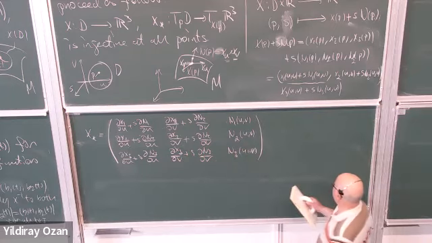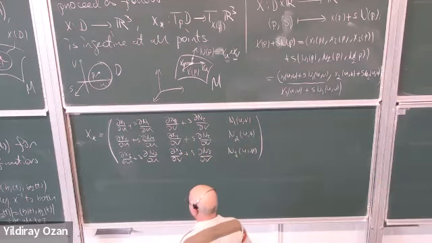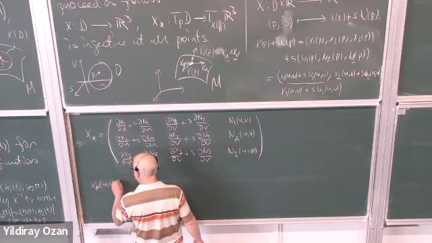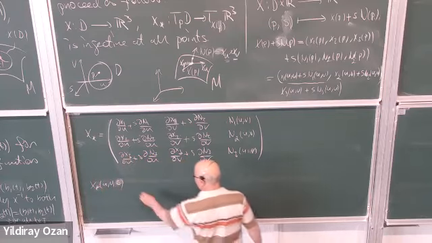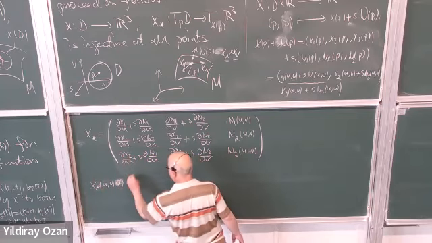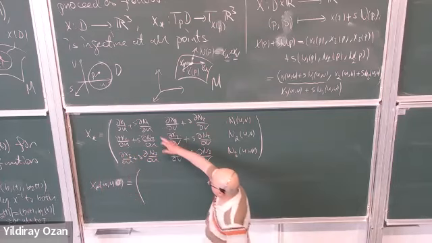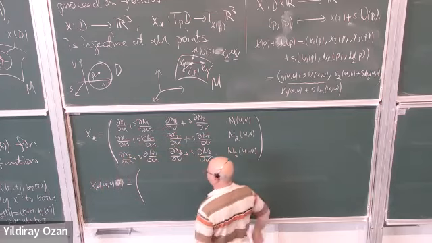Now I will compute this at the point x star uv, and then I take 0 for s. When I take 0 for s, these terms will disappear because I have the s factor here.